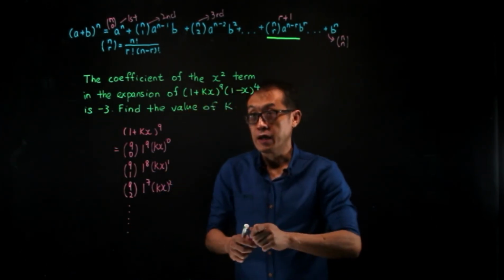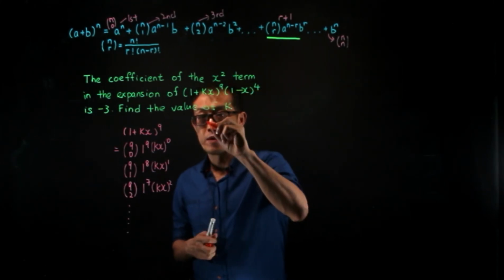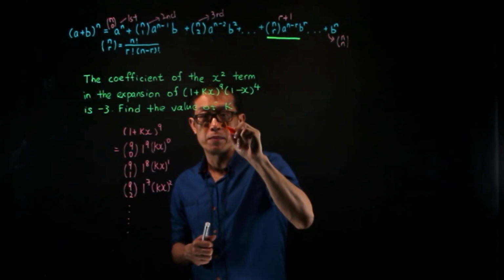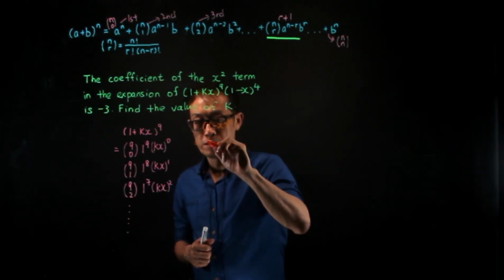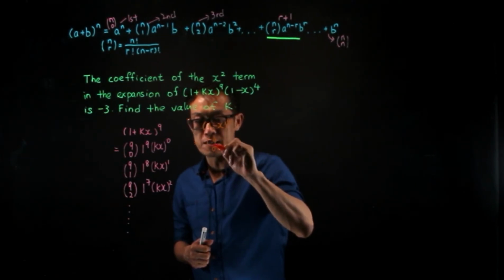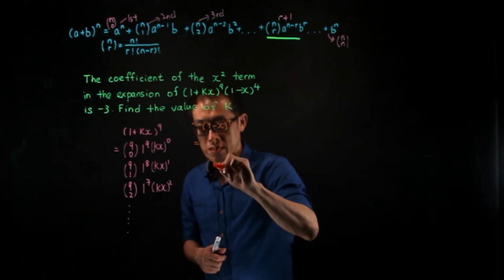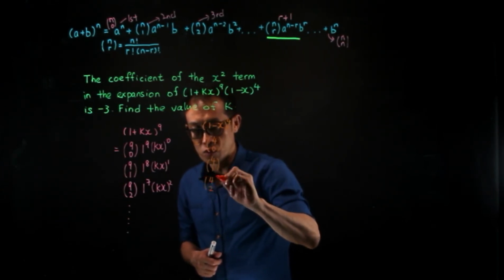Now, let me try to expand this term. So you have 1 minus x to the power of 4. Same thing, we do the nCr term first, followed by 4C1, followed by 4C2.